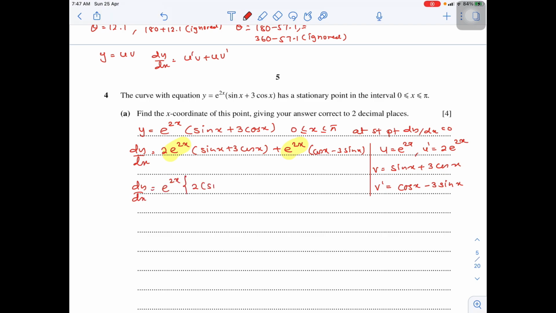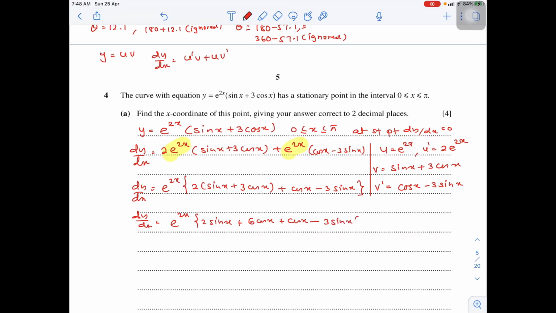Now simplify that. E to the power 2x is in both, so I'm just taking it common. So dy over dx, factorizing it, I get 2 sine x plus 3 cos x plus cos x minus 3 sine x.